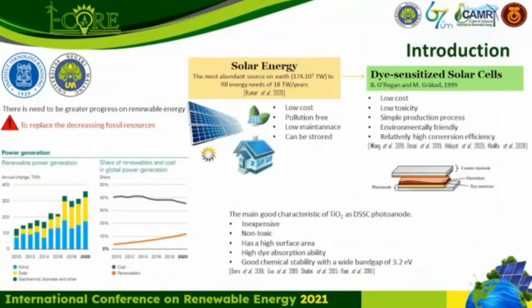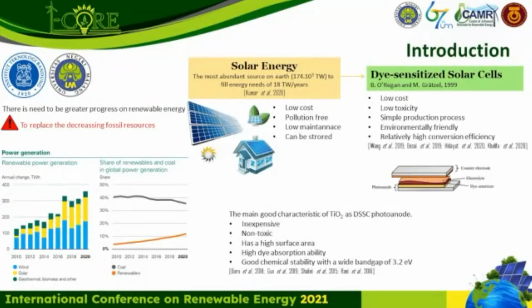The development of efficient energy conversion has attracted significant attention due to the limited availability of conventional energy. There needs to be greater progress on renewable energy to replace the decreasing fossil resources.